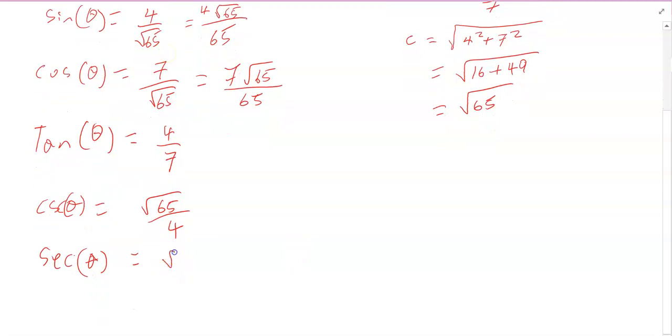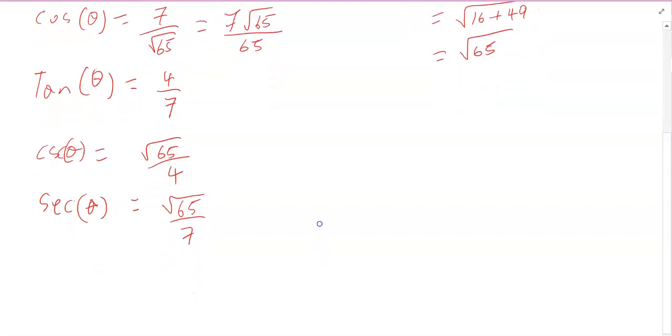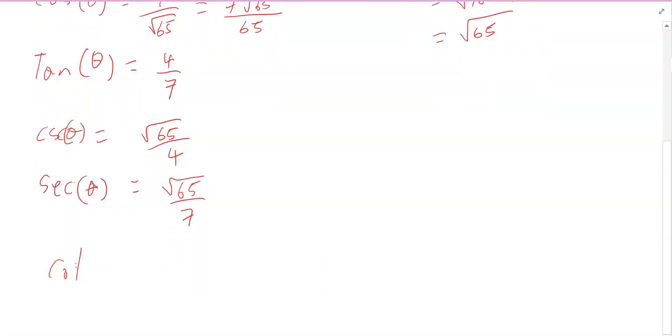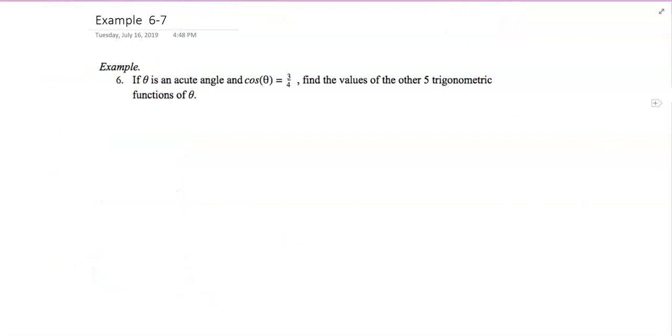That becomes root 65 over 7. And the cotangent of theta will be the reciprocal of 4 over 7, which is equal to 7 over 4. And that is it. Okay, now let's try to do one more example.